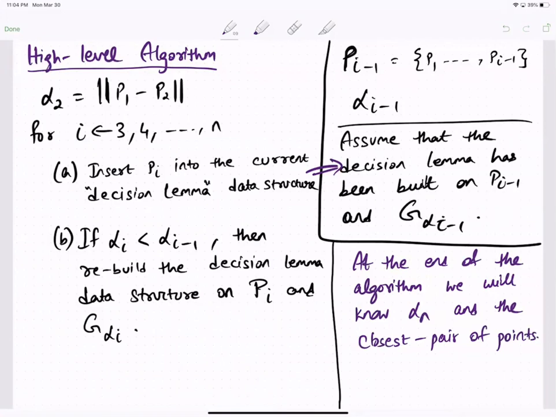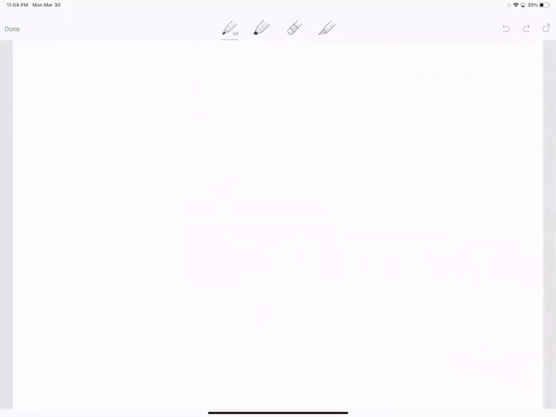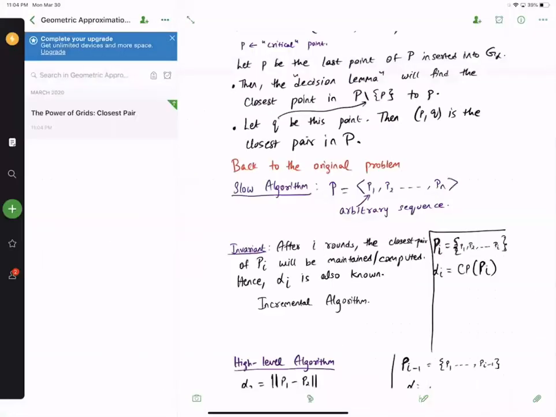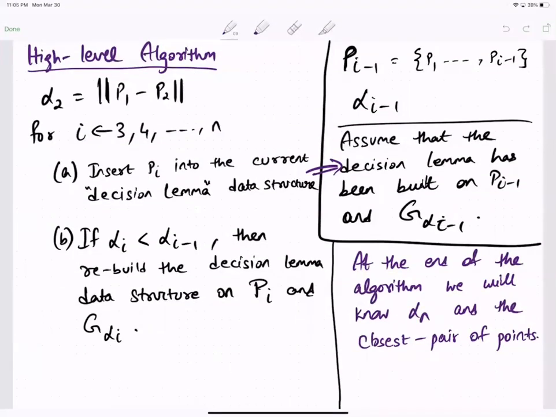Okay, so now let's see. Let me go back here and write down something here. Here I said, if alpha i is less than alpha i minus 1.